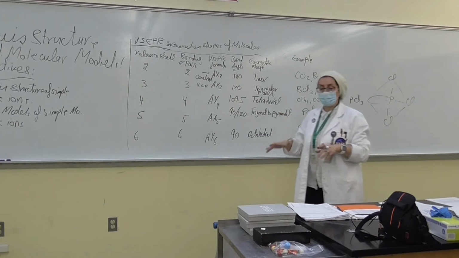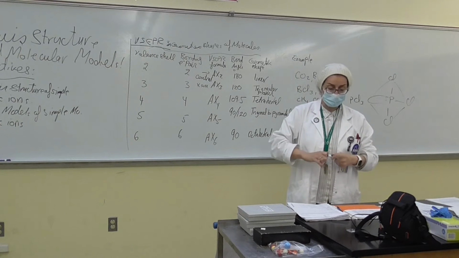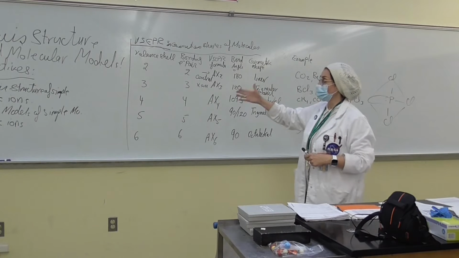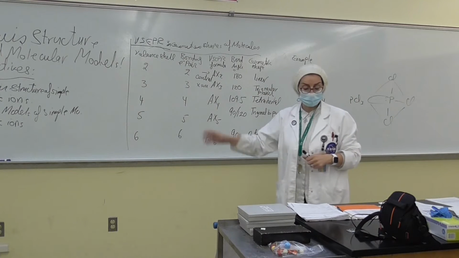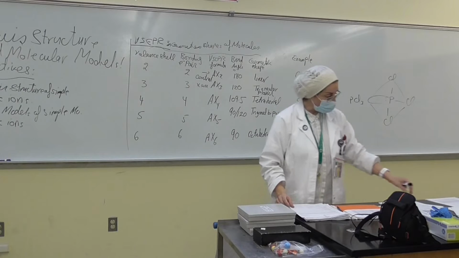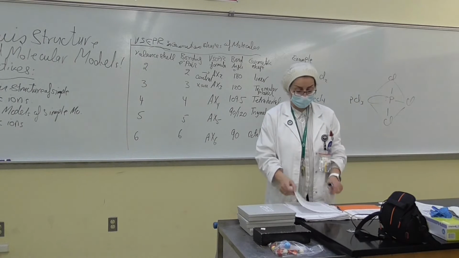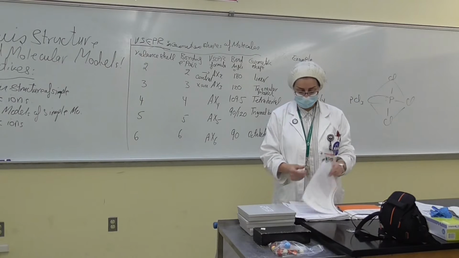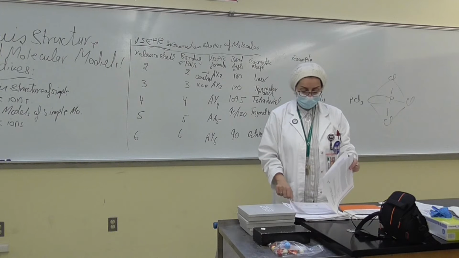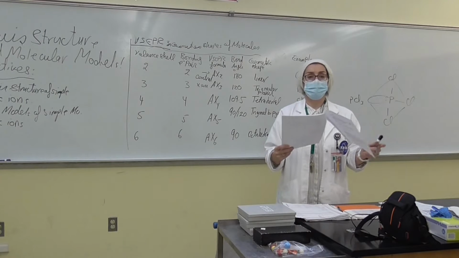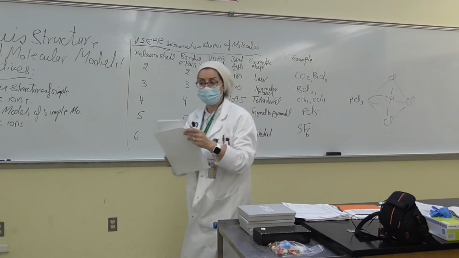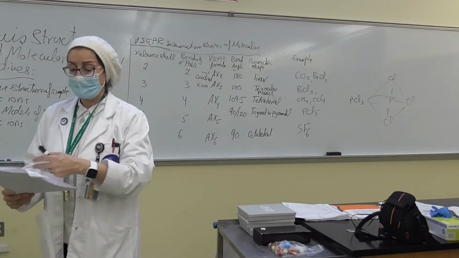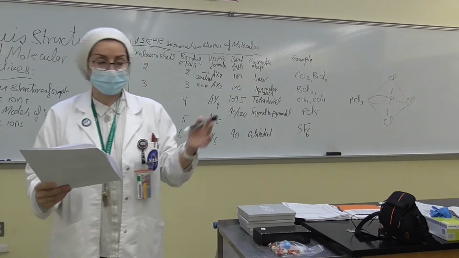So we are going to go over a couple of these examples, all right? And then we are going to refer to the standard. When you look into your handout, everybody, they are giving you an example. I really like this handout because it is actually explaining the Lewis structure.